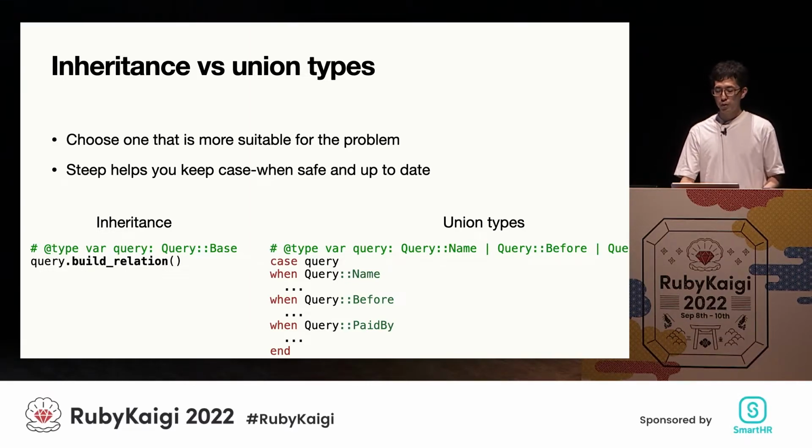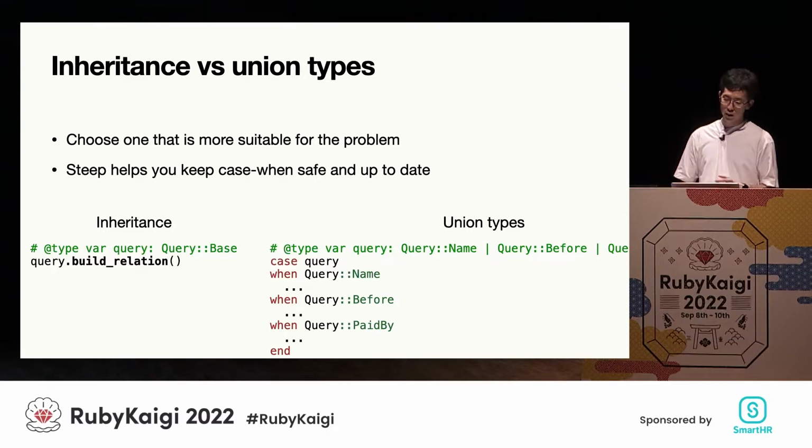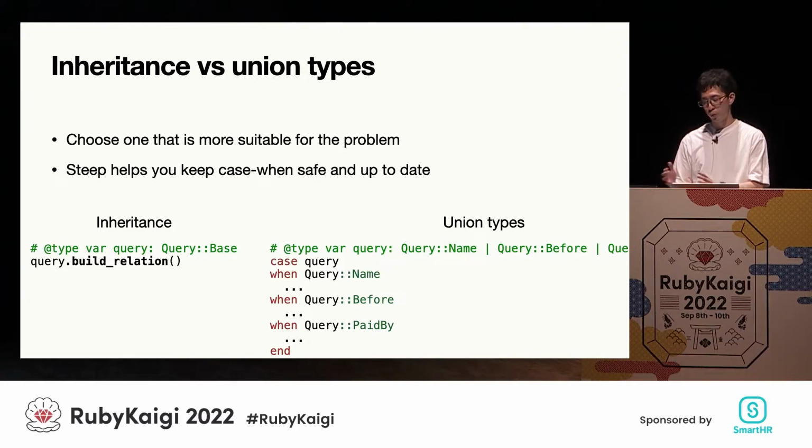But we can do almost the equivalent with union types. We have the union type of query, name query, before query, or like that. And then we do the case when to do the case analysis.